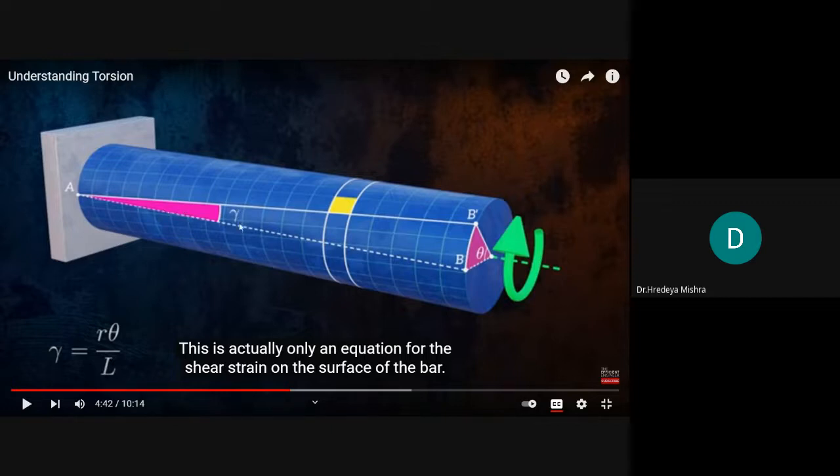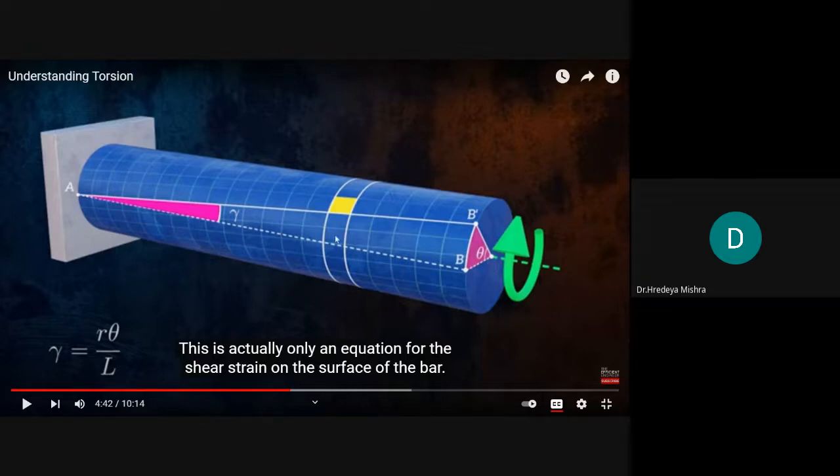Gamma is the angle between the axis of the shaft and the twist. Okay, and this is the twist angle. This is another plane and this is the surface.